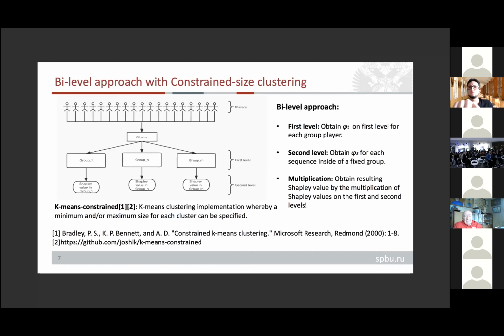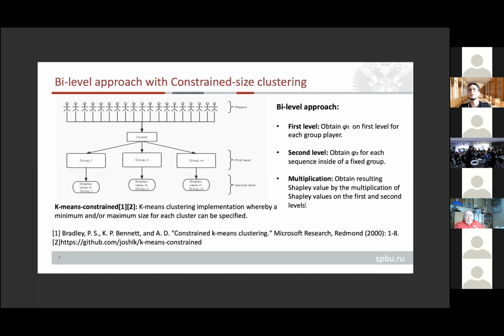In our case, the second level you see on the slide, obtain phi for each sequence inside the fixed group, is a mistake, not fixed sequence. It means for each player. We do not have sequences here. What we do is separate our data set with 30 features into several clusters of features.